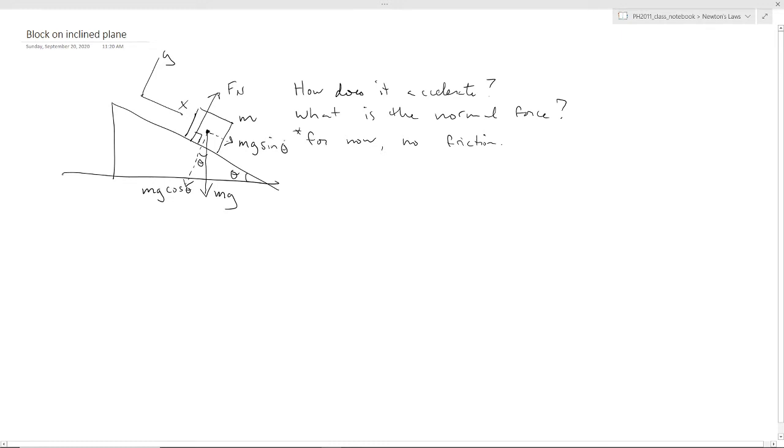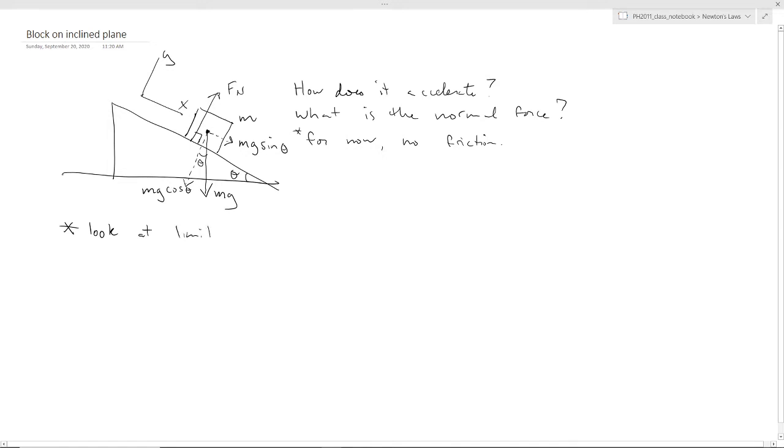Now, I want to emphasize that this is kind of tricky. So if you have just memorized associating cosine with x and sine with y, then this may give you problems. So I think one thing that you can use to keep track of this is to think about the limiting cases.